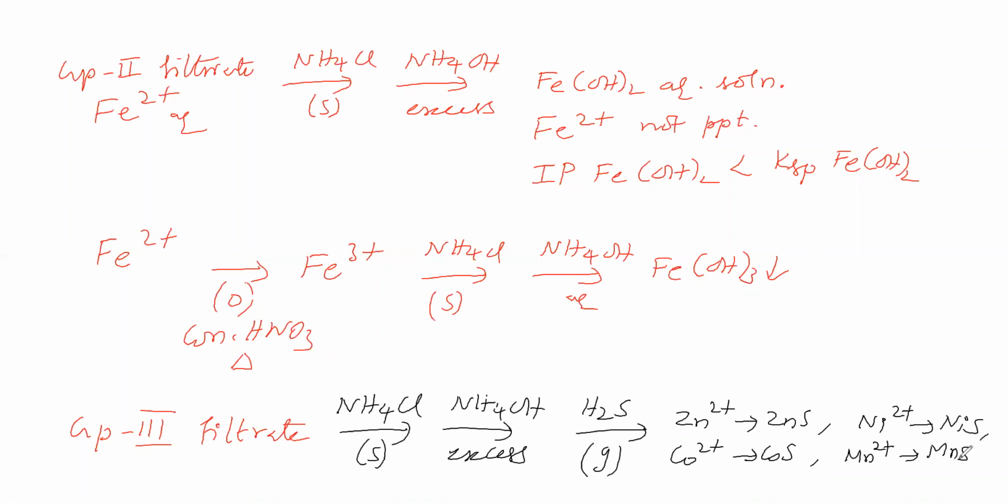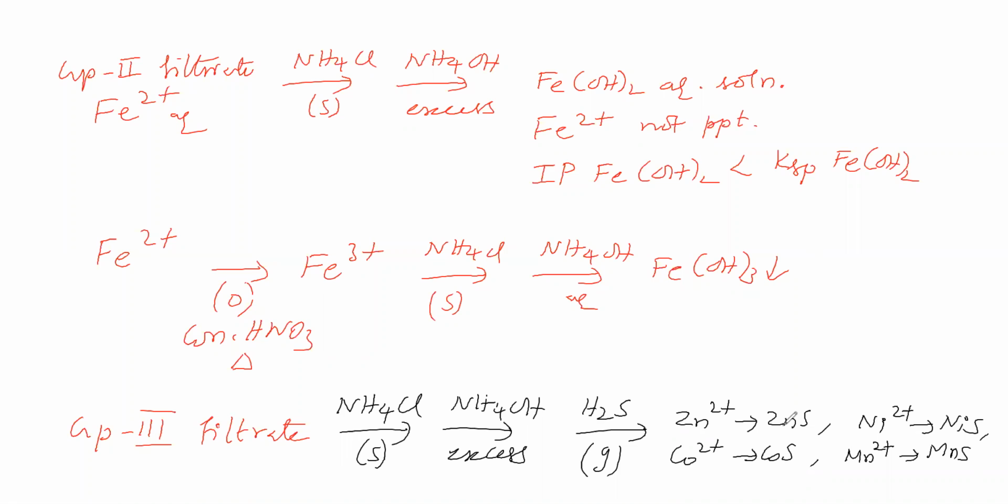These are the group 4 cations: Mn2+, Co2+, Ni2+, Zn2+. So group 4 cations precipitate as sulfides. Taking the group 3 filtrate, you add solid ammonium chloride, aqueous ammonium hydroxide, and pass H2S gas. Mn2+ precipitates as MnS, Co2+ as CoS, Ni2+ as NiS, Zn2+ as ZnS.